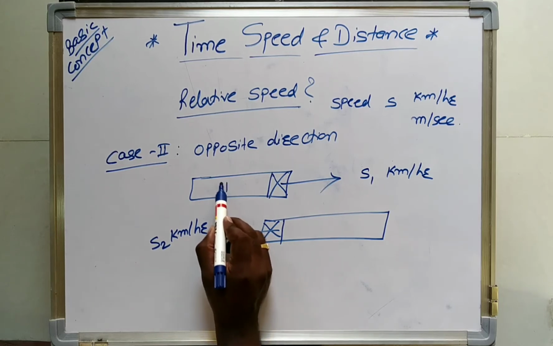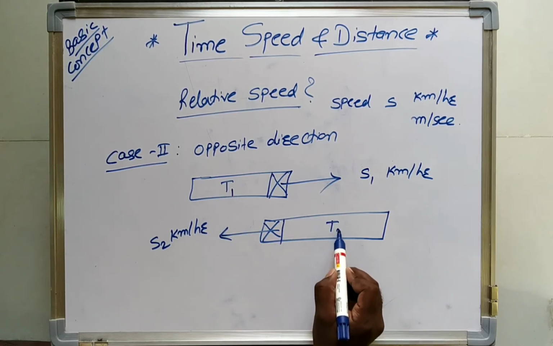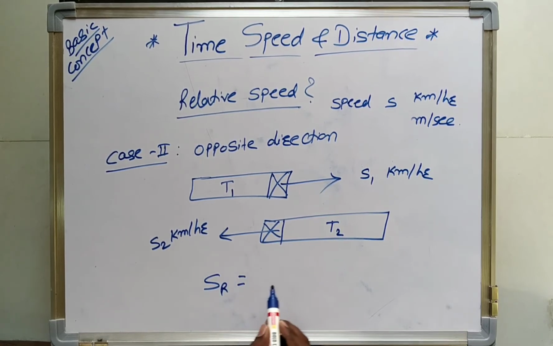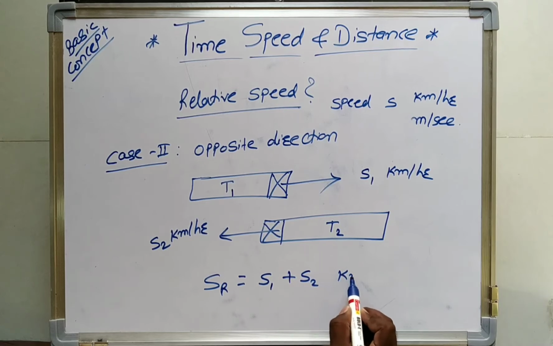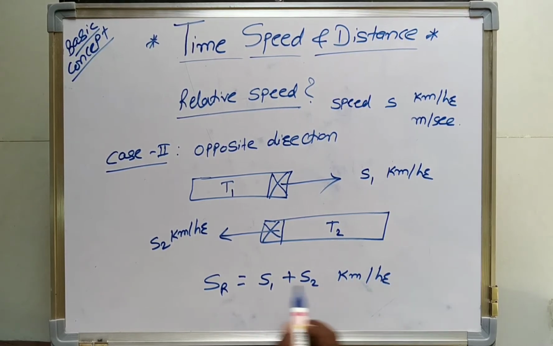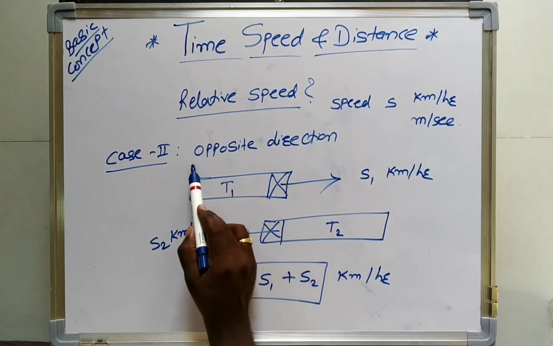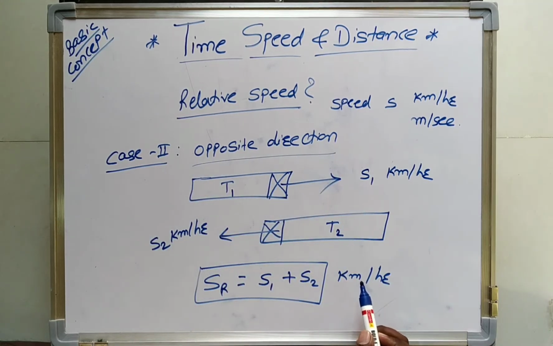This is train 1, this is train 2. Now the relative speed, that is SR, is equal to S1 plus S2 kilometer per hour. This is the relative speed for case 2, which is traveling in opposite direction.